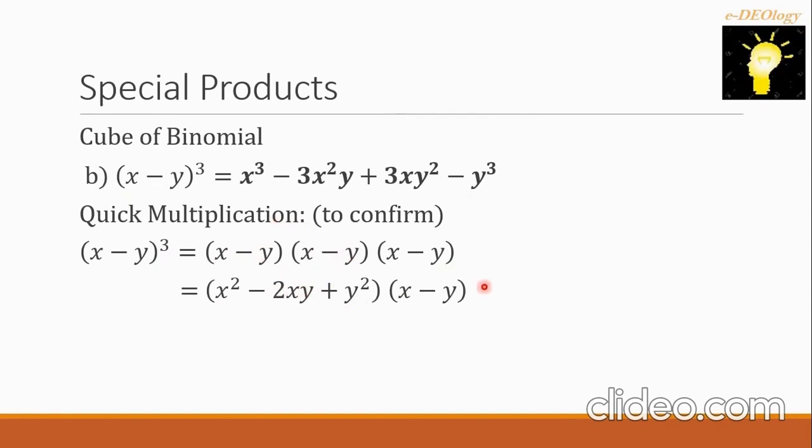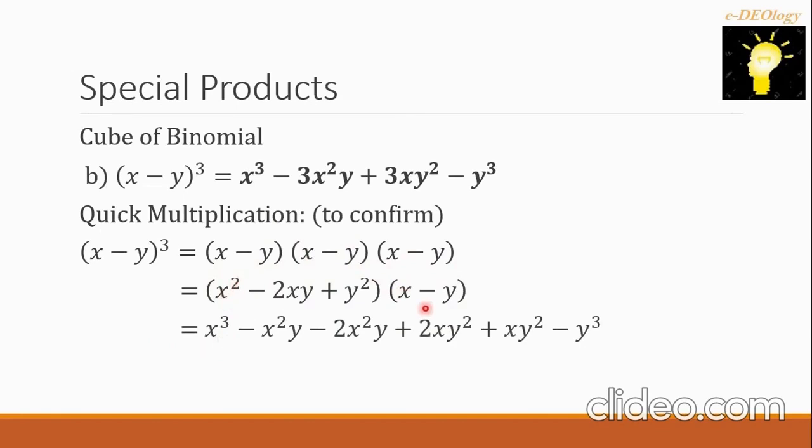And then the x minus y is copied here. And then, one by one, I'm going to take one term and multiply to the other terms of the other group. Same thing will happen to the negative 2xy, multiply to the terms of the other group, and also this term to be multiplied to the terms of the other group. So let's start with the x squared, multiply to the x, to give us this x cubed.